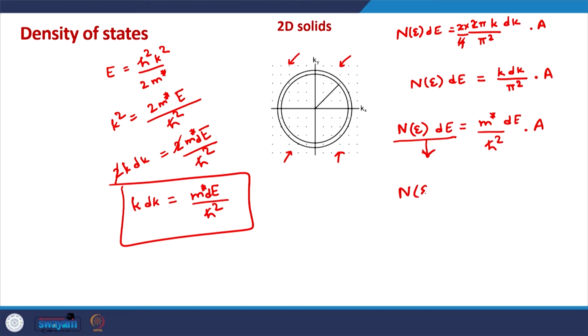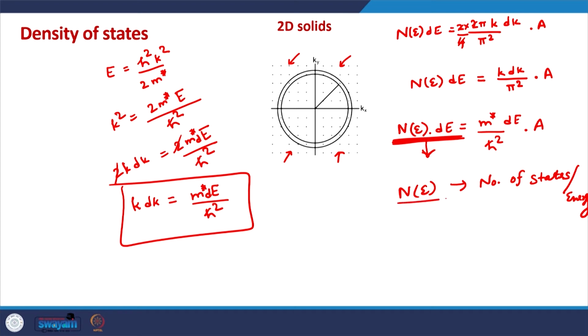So, NE would be the total number of states per unit energy. This entire left hand side expression, NE times dE, is the number of states in the energy range from E to E plus dE basically.